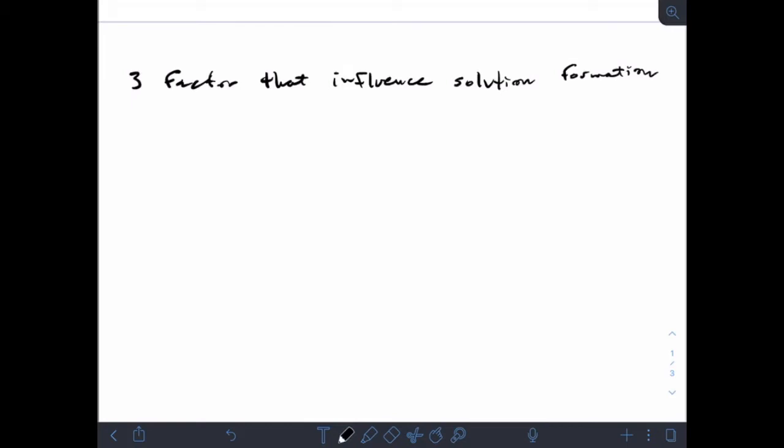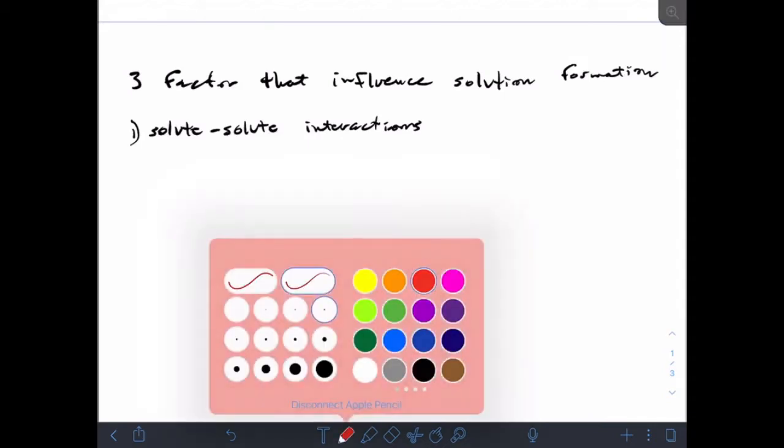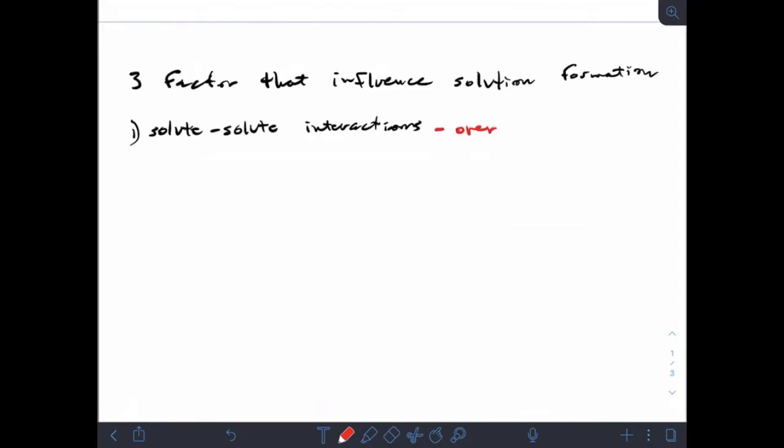But the formation of a solution is governed by, let's talk about the first one, solute-solute interactions. What that means is that in order to make a solution, we have to overcome these to disperse solute particles.